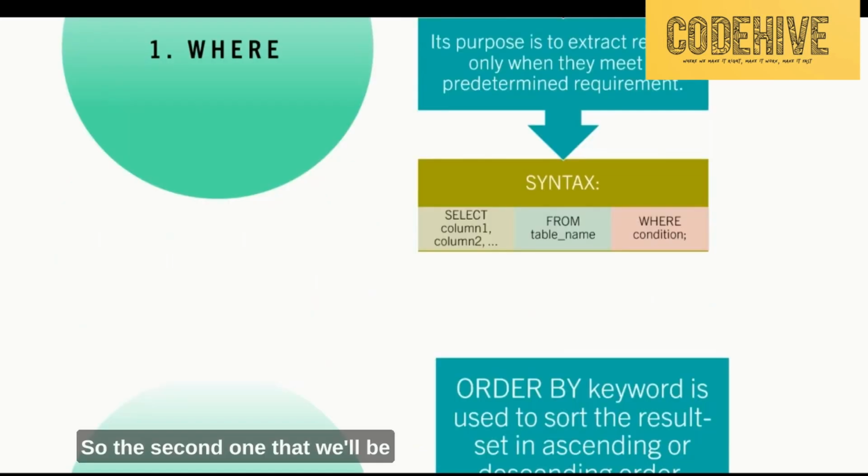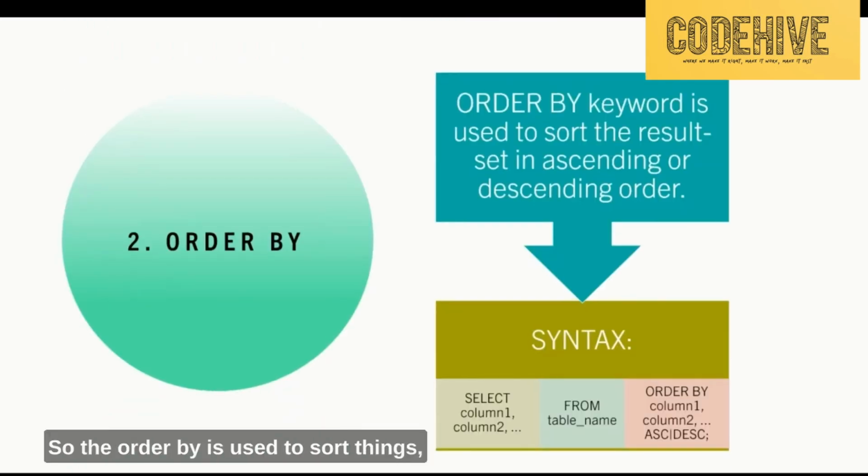Okay, the second one that we'll be looking at is the order by. The order by is used to sort things in ascending order or descending order or even both. If you have noticed, in the previous videos we didn't really use the order by. You would normally just say select the employee name column from my employees table, and it would just sort everything in ascending order without you specifying.